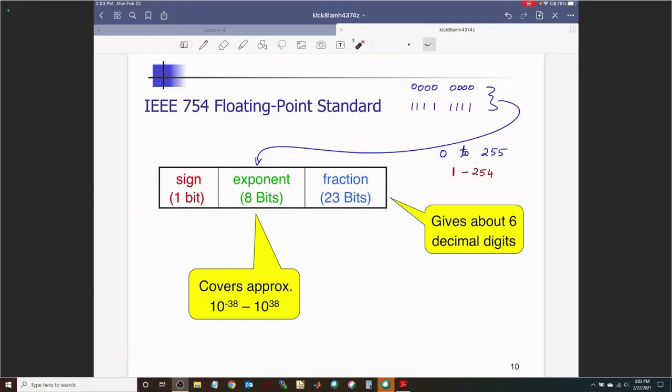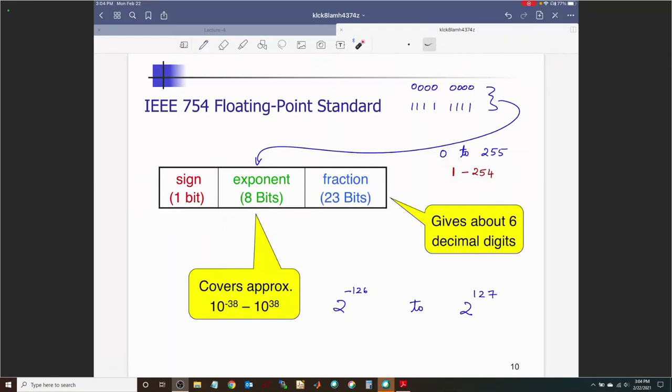Now if you look at 1 to 254, that is a range of 254 numbers, but sometimes I may want my exponent to be negative and sometimes I may want my exponent to be positive. So if I split right in the middle, I will get 2 raised to negative 126 to 2 raised to positive 127.